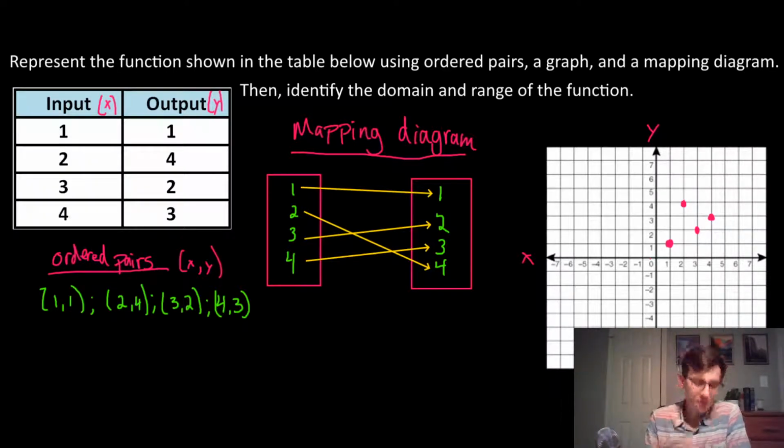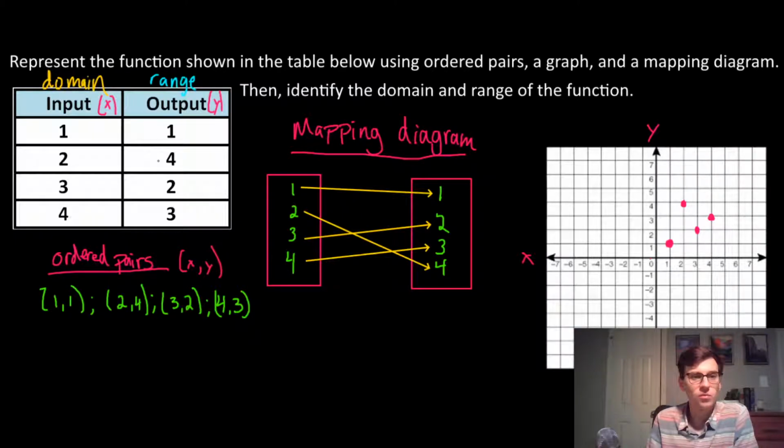So the domain is my input, right? That's the domain. It's always my input. So here, this is our domain. And the outputs make up my range.